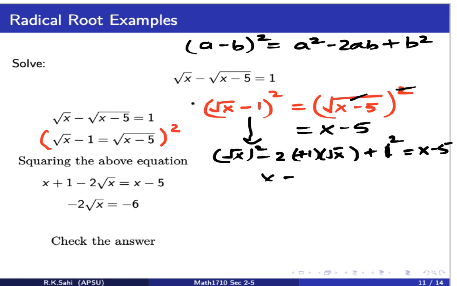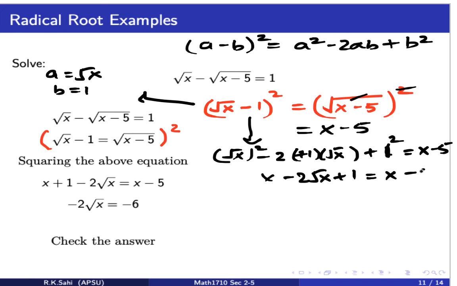Let me write this here again, guys. Your a in this problem is square root x and b is 1. So square root x squared minus 2 times b, which is 1, times square root x, plus 1 the whole square. So you get x minus 2 square root x plus 1 equals x minus 5.